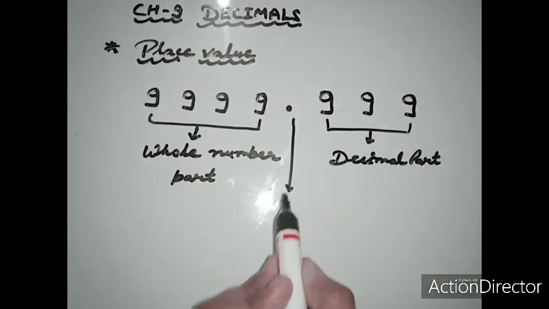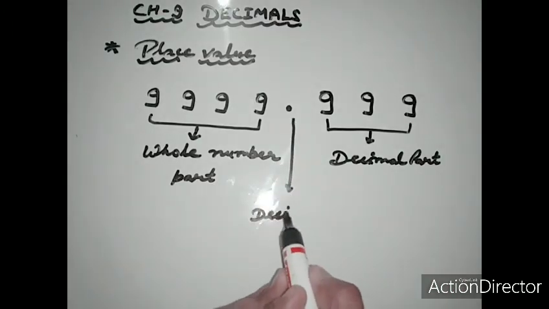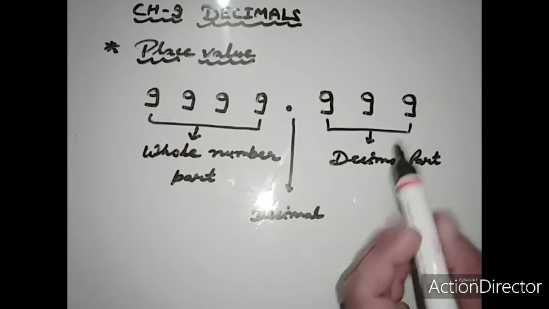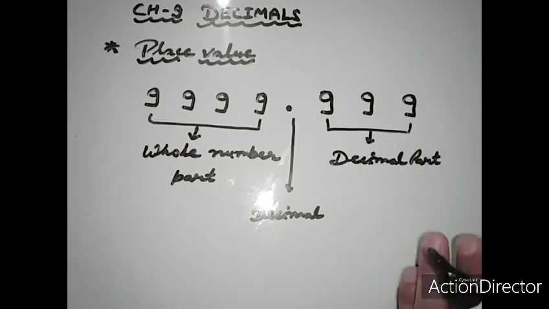And this point is known as the decimal point. The number of digits after the decimal point is called the number of decimal places, right? Now here we will discuss places in decimal numbers and the place value of these numbers.